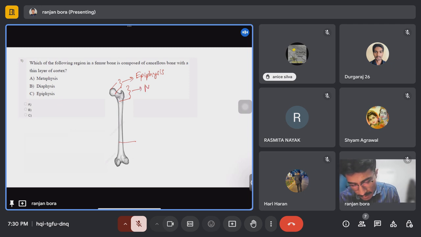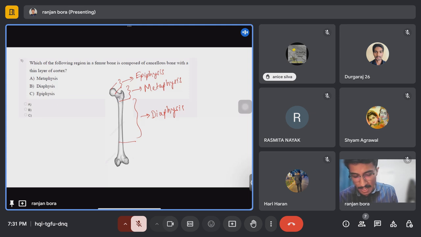This part is metaphysis. And this part is diaphysis. So in the question it is asking which region of the femur bone is composed of cancellous bone with a thin layer of cortex.